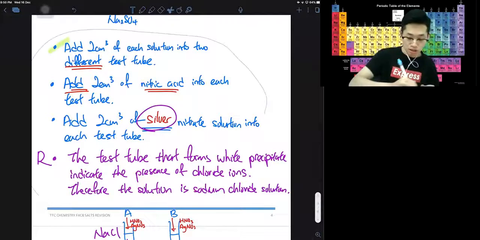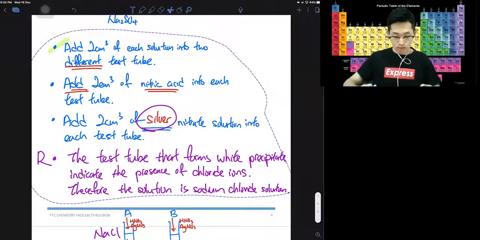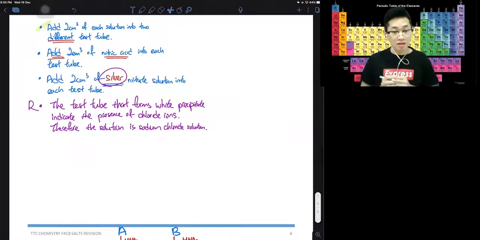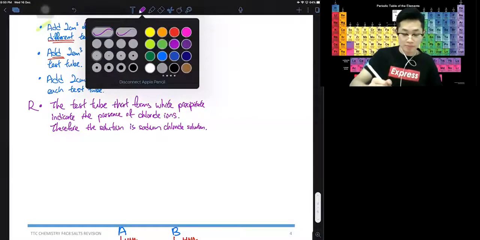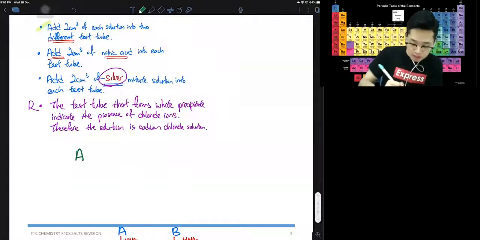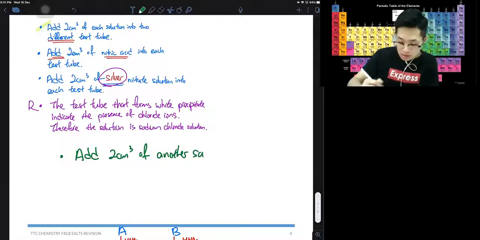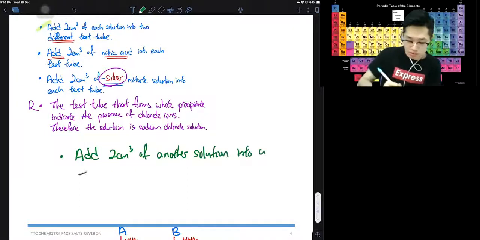Now I'm going to continue. Don't just stop here because you have only done the chloride one. Now you have to write the sulfate one, which is the same thing. This time add 2 cm³ of another solution into a test tube.